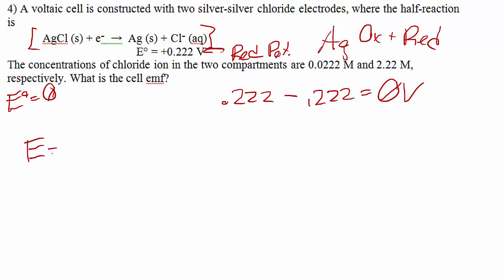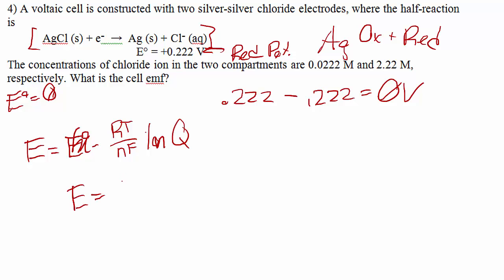So when we have this equation, E equals E naught minus RT over nF ln of Q, well, E naught is 0, right? So what we're really saying is that E equals negative 0.0592 all over n log of Q. Now, I just made a switch here, right?